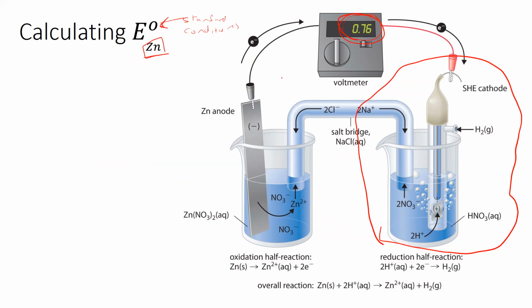And that's why we tend to use those standard reduction potentials to calculate the standard cell potential of an electrochemical cell.